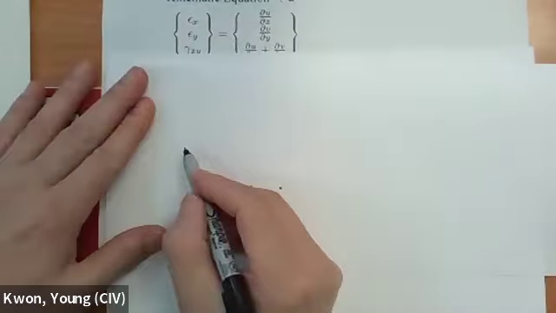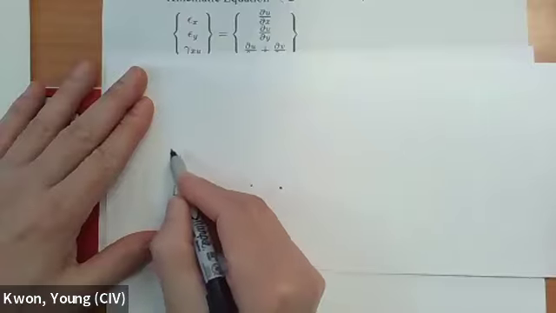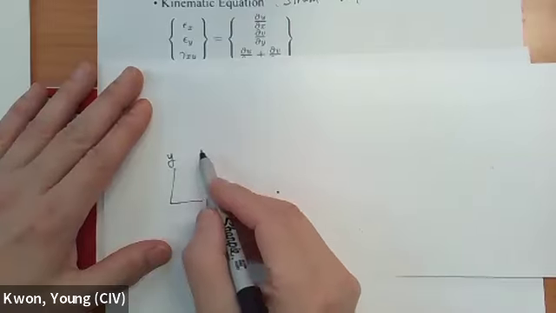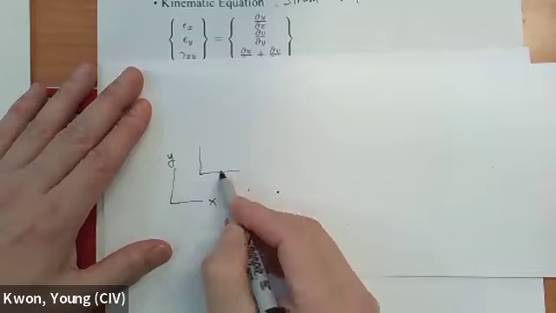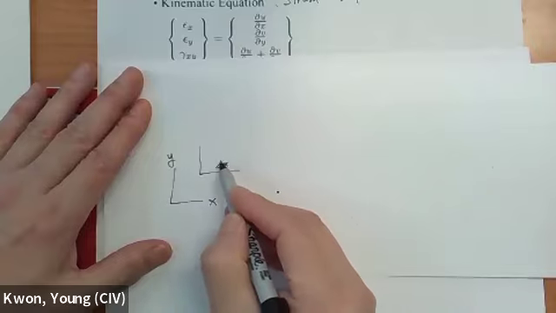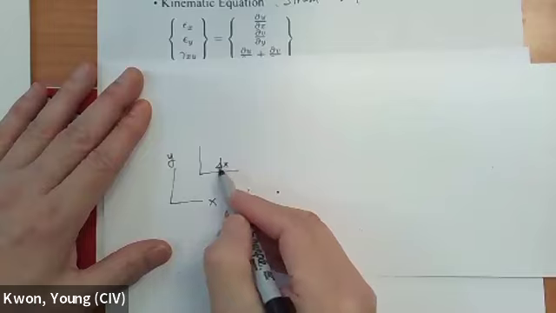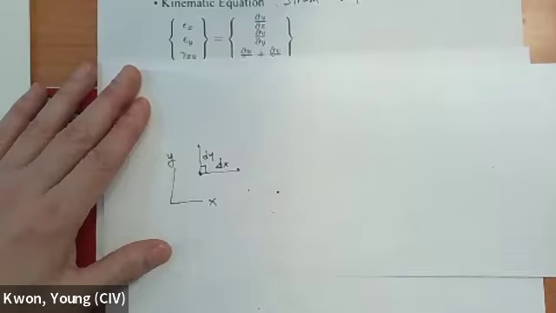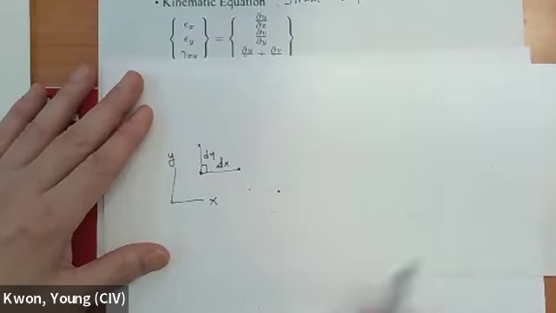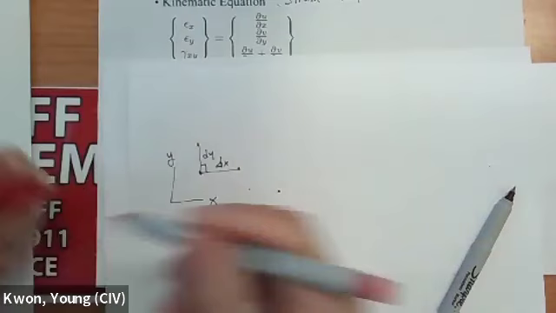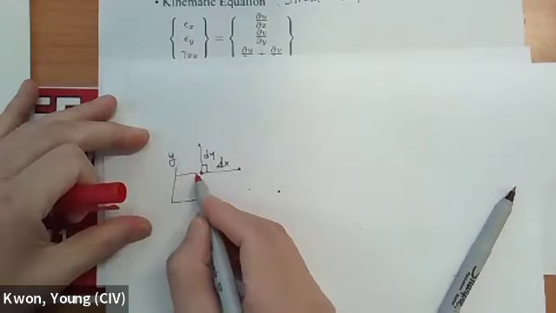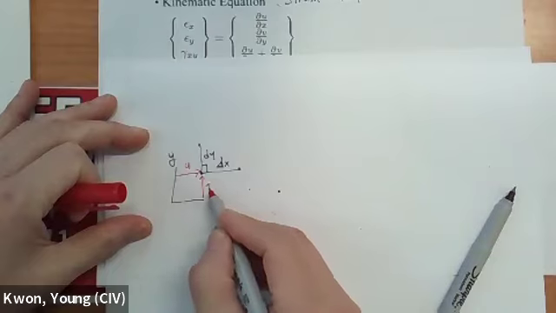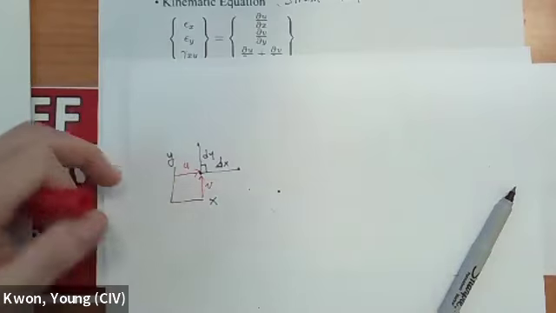You have an XY coordinate system, our reference coordinate system, and I have this delta x or dx and dy, an infinitesimal length, with 90 degrees between them. Initially, the motion in the horizontal direction is u, and this is v, the motion of that point.